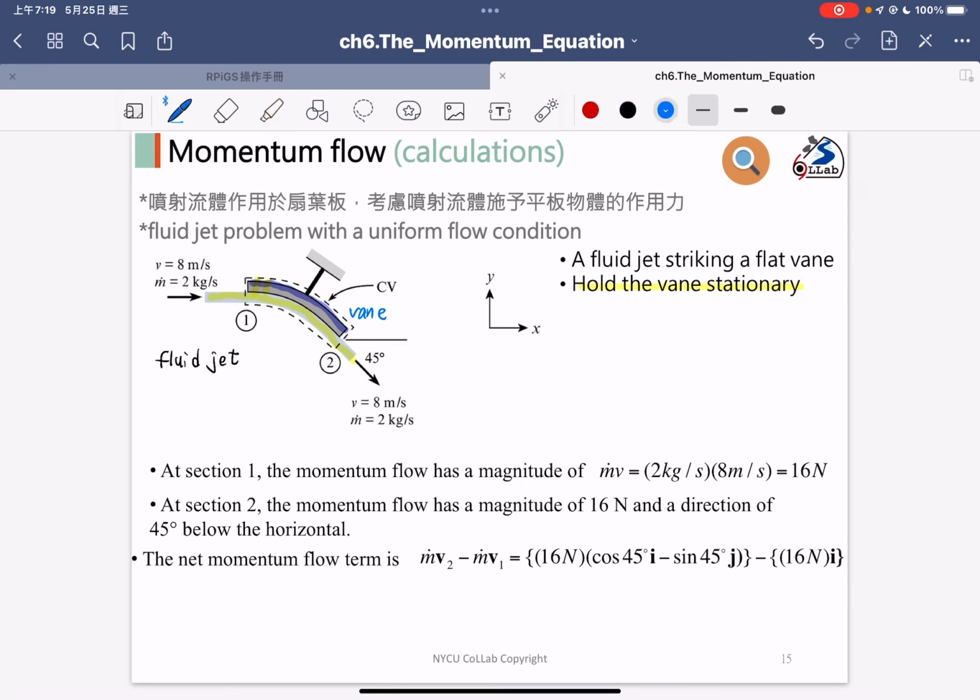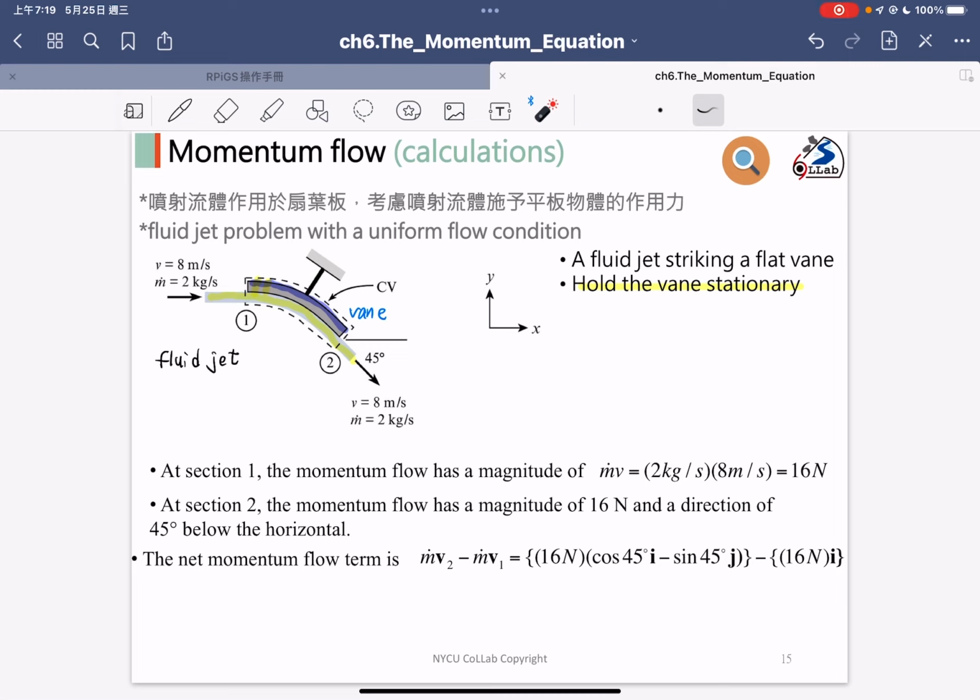So if we have the conditions shown here, we know the inflow velocity and inflow mass flow rate, and this is the outflow velocity and outflow mass flow rate. And as you can see, they are the same.